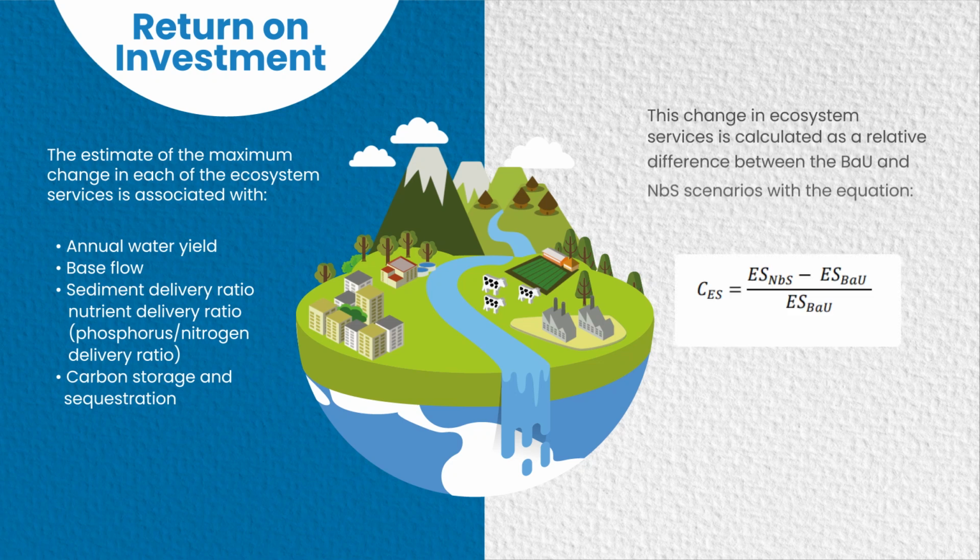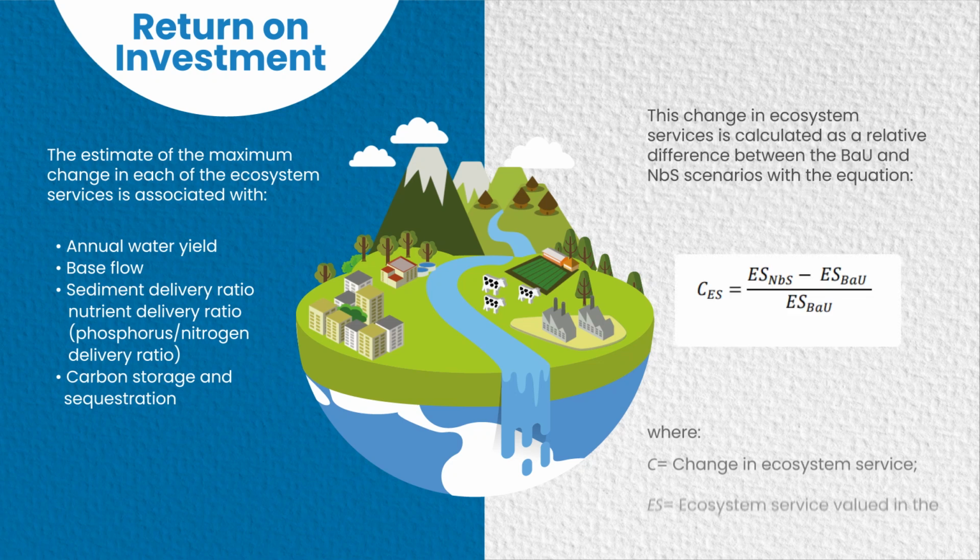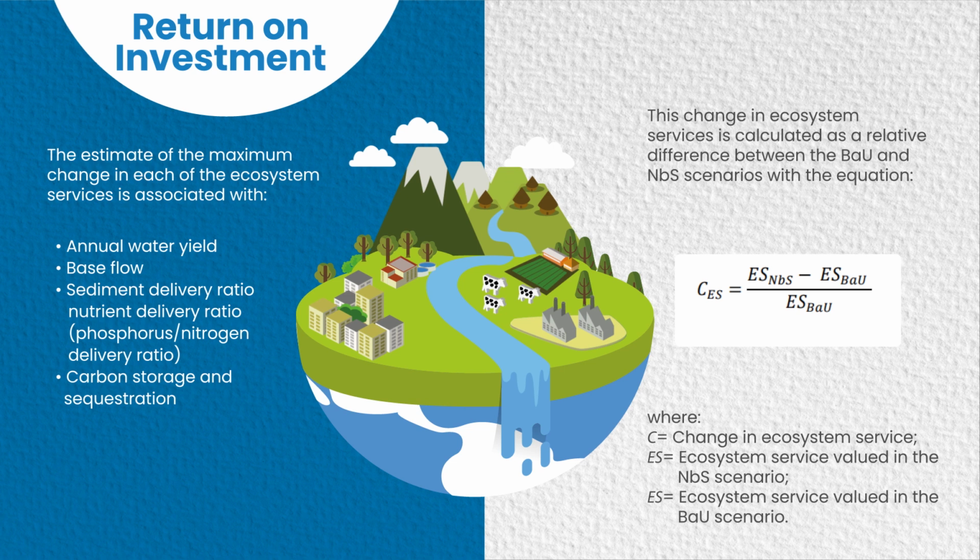Waterproof simulates ecosystem services for a nature-based solutions land use or land cover scenario, using the InVEST models with the expected land use layer with nature-based solutions implementation, and calculates the relative difference between the scenarios, business as usual and nature-based solutions, with this equation.